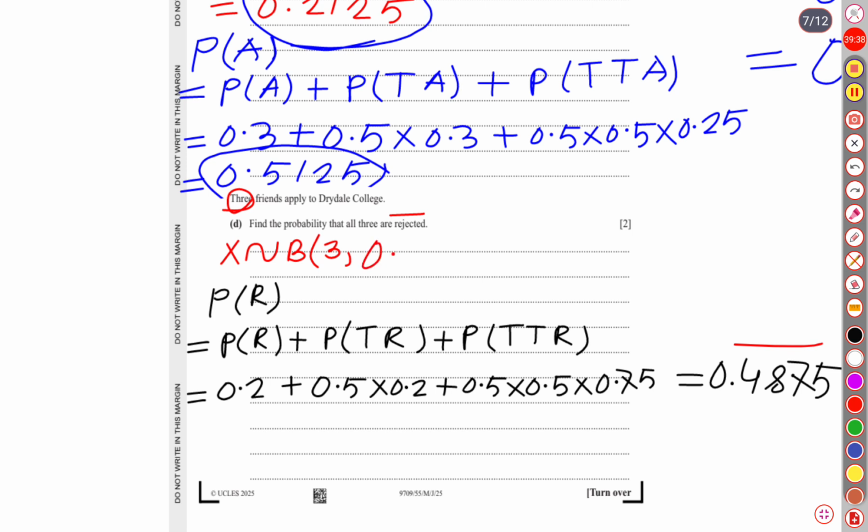Remember, the parameter is the individual probability of one unit or each experiment: 0.4875. As this is binomial distribution, how to write it?